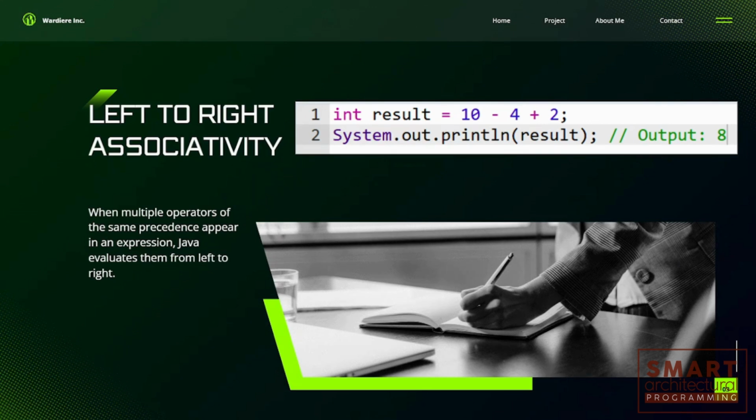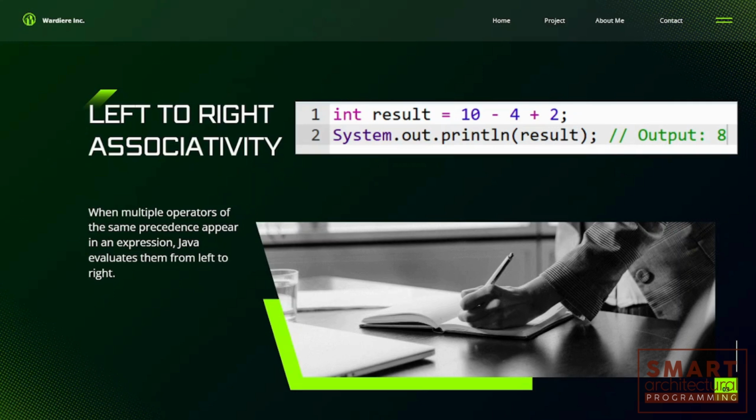So if Java evaluates this expression, it would be 6 plus 2, which is 8. That's the result, because we're doing left to right associativity here. As you can see in the output, that's the answer we're getting from Java as well. Let's understand exactly what is happening. First, 10 minus 4 is evaluated, since subtraction and addition have the same precedence level and follow left to right.